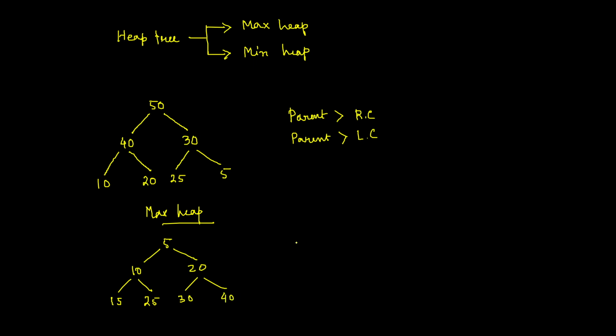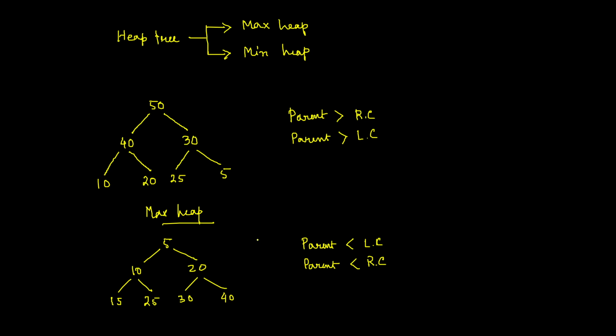And here the main relation between each and every subtree of this whole tree is that parent is lesser than left child, as well as at the same time parent is lesser than its right child also. But there is again no relation between left and right childs.